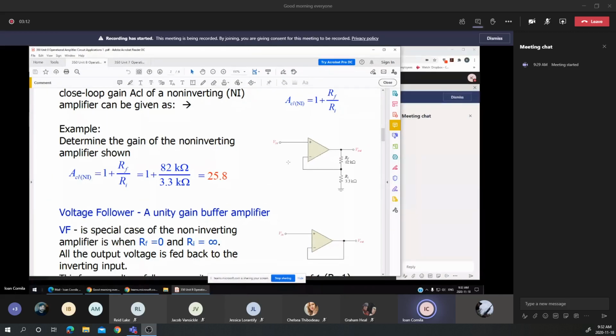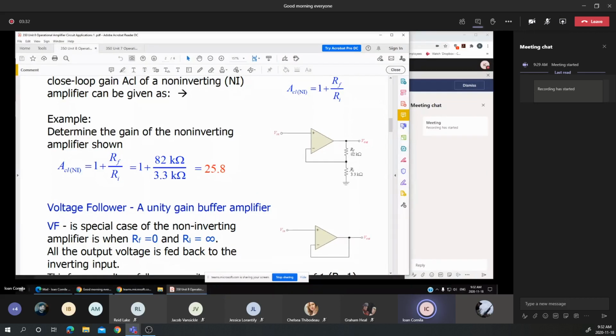To remind you about the non-inverting amplifier, the input signal, or the Vin, is applied to the non-inverting input, and the feedback network is created by the two resistors, the RF and the RI.